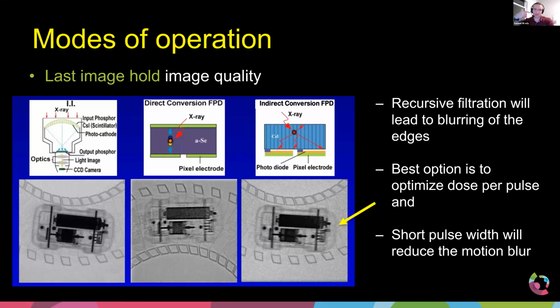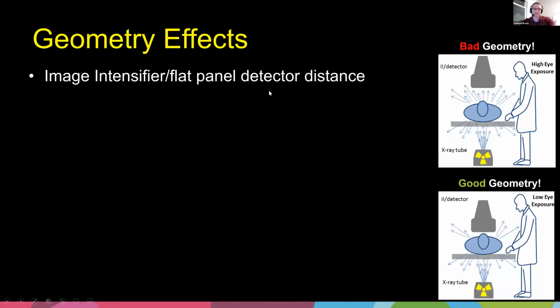But because there's motion, because we're doing this in time, those edges will get a little bit blurry. But if you acquire this with the right dose per pulse, that last image hold won't have to be the last 2 or 3 or 4 images averaged together. It could quite literally be just the last 1 or 2 images, and the image will look a lot more crisp because it's the dose per pulse, not the averaging, that's creating that image.